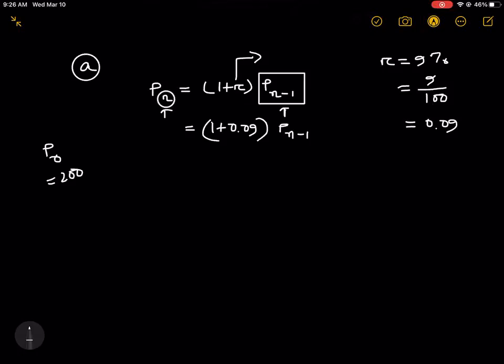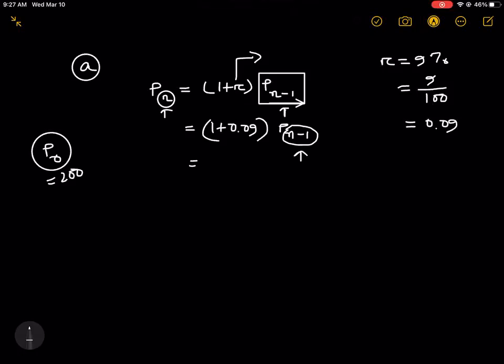If it is P1, then it might work, because then it will become P naught, but it's not. So we'll keep it as Pn minus 1. That's why I picked this question.